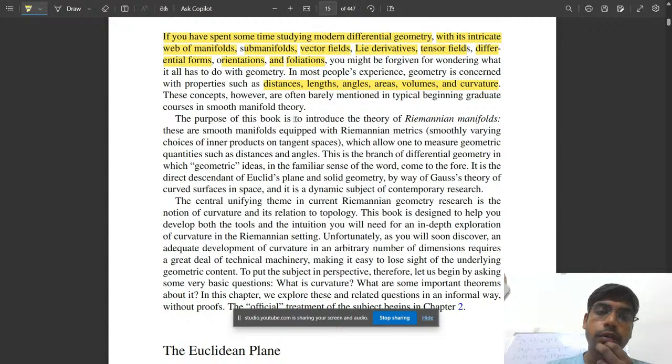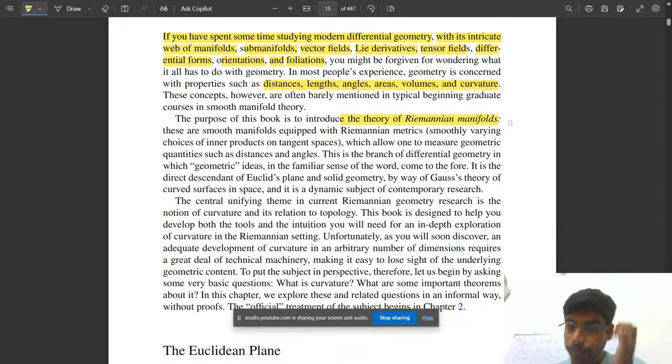The purpose of this book is to introduce the theory of Riemannian manifolds, right? I hope that we all have gone through the Euclidean manifolds, but here the Riemannian manifolds are equipped with Riemannian metrics. So we are talking about smooth manifolds in Riemannian geometry, right?